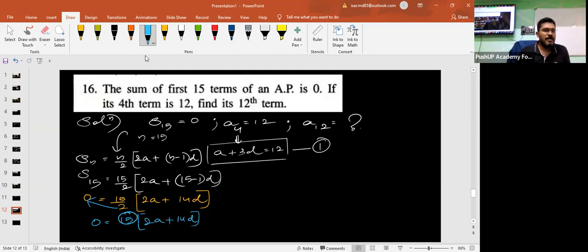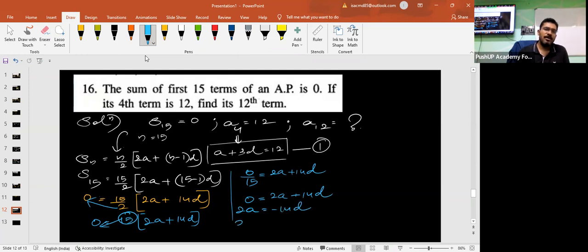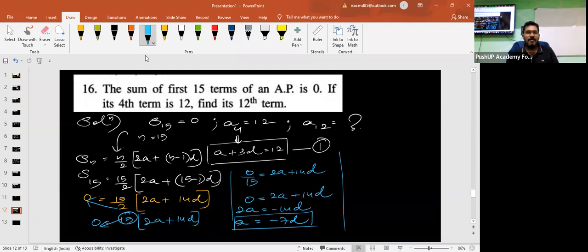Now, if I bring this 15 to the left hand side, it becomes 0 by 15, which is equal to 2a plus 14d. 0 by 15 is 0, so 0 is equal to 2a plus 14d. So you get 2a is equal to minus 14d, or a is equal to minus 7d. Makes sense? Now, we know a plus 3d is equal to 12, right?